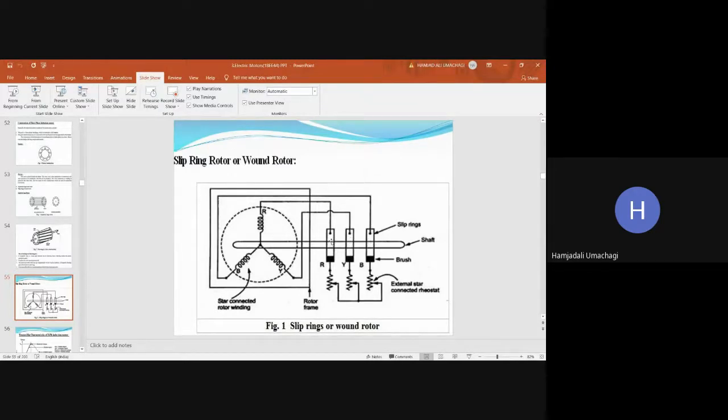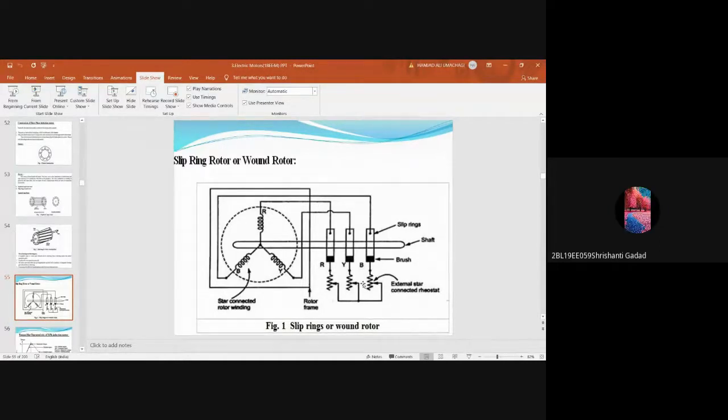From the other side, each slip ring has the brushes belonging to R phase, Y phase, B phase. From there you can take the output to the external static load. So this is how the slip ring facilitates the connection between the rotating member, which is the rotor, and the static member, which is the static external load. Is it clear?